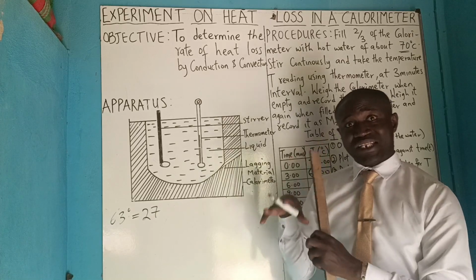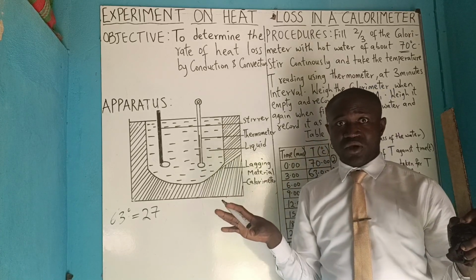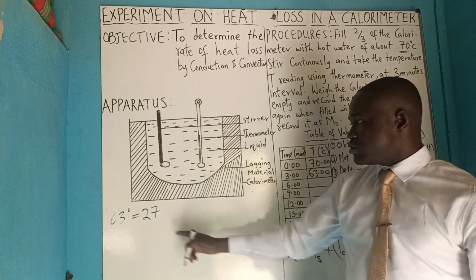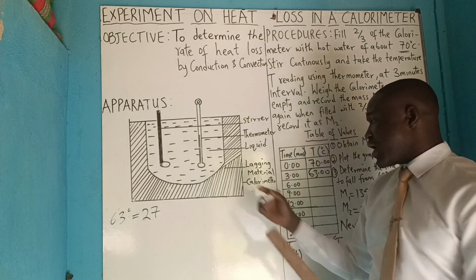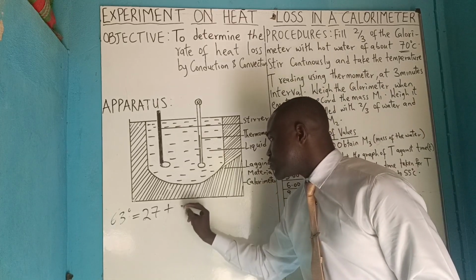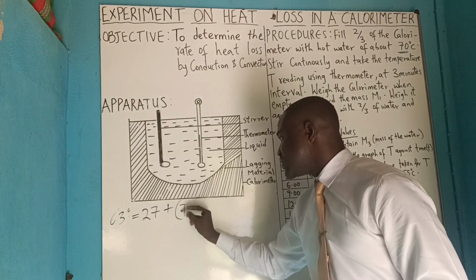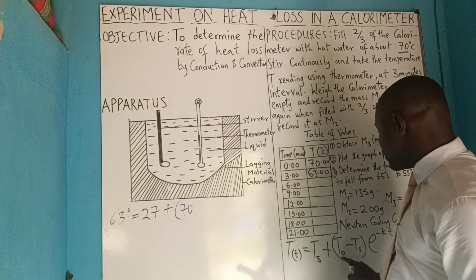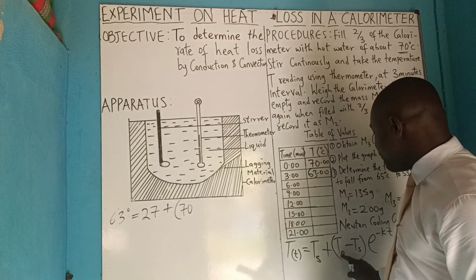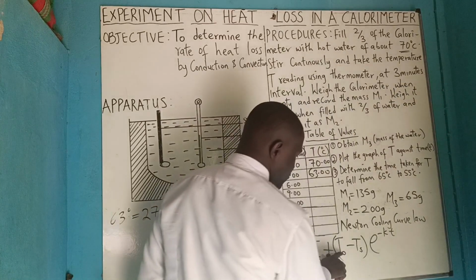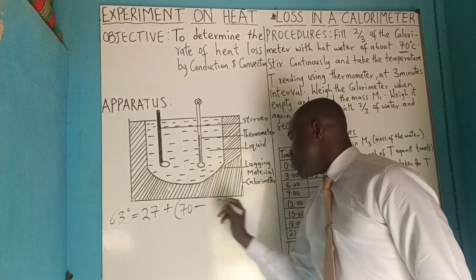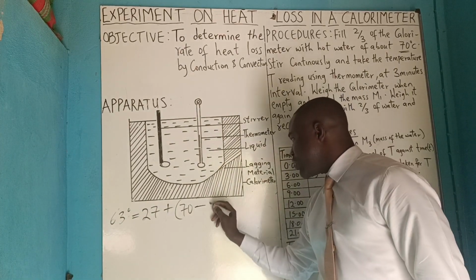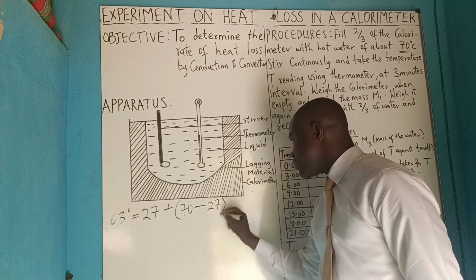So you need to get the temperature noted. I checked my own and it was 27 degrees Celsius. That is why we are using that. Plus bracket the 70, which is the starting temperature. This is the starting temperature, 70 degrees Celsius, minus the temperature of the surroundings, 27.